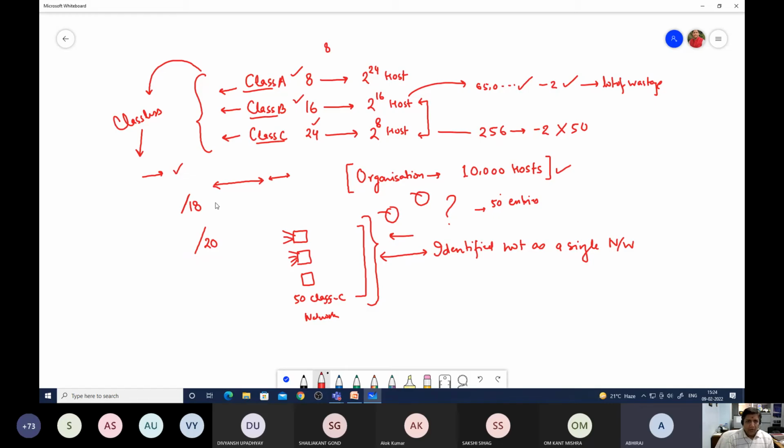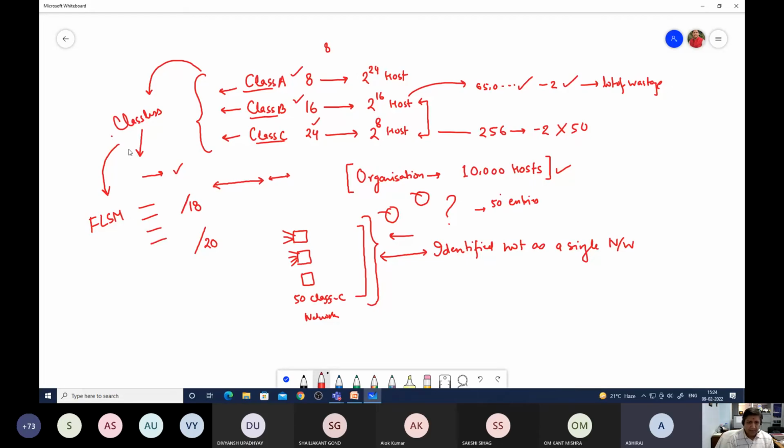Related to this, what we have seen up till now was fixed length subnet masking. We have seen the routing process where the subnet mask for all the networks was fixed.